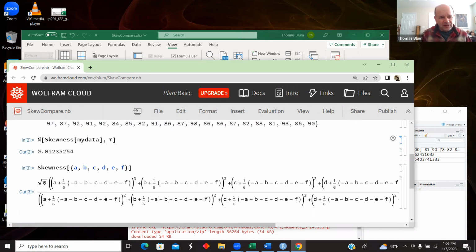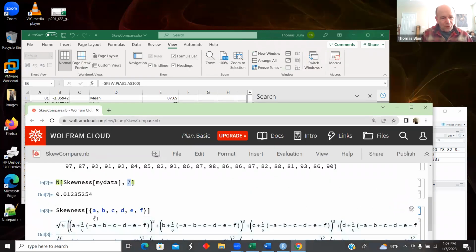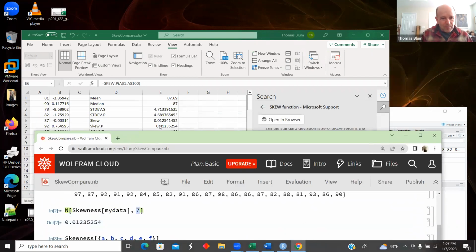So I put in this N, with lots of decimal places, so I could see what it was matching and what it wasn't matching. So this was matching 1, 2, 3, 5. This was matching Skew.P, not Skew. We know what Skew is because Excel told us, and I did the calculation. So we saw that that worked out.